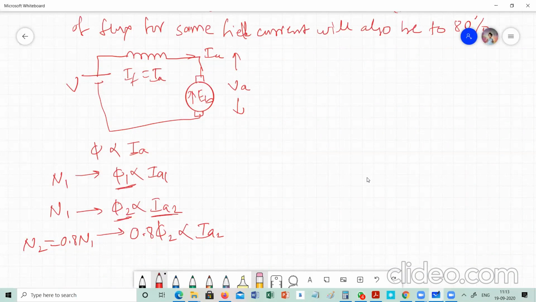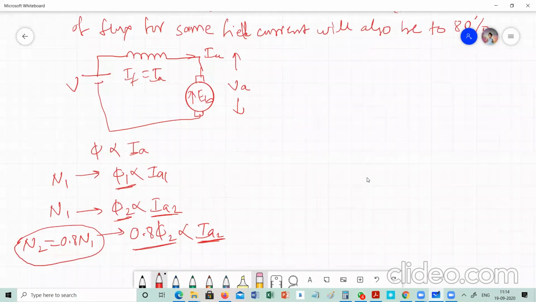But in next case, the load is constant. Load is constant means what? IA2 will be constant, the same as in earlier case. But at the same time, the number of turns are reduced to 80%. Means N2 is equal to 0.8 into N1. So the flux for the same current will reduce to 0.8 of its previous value. Because previously it was phi2, but in new case it is reduced to 0.8 into phi2.